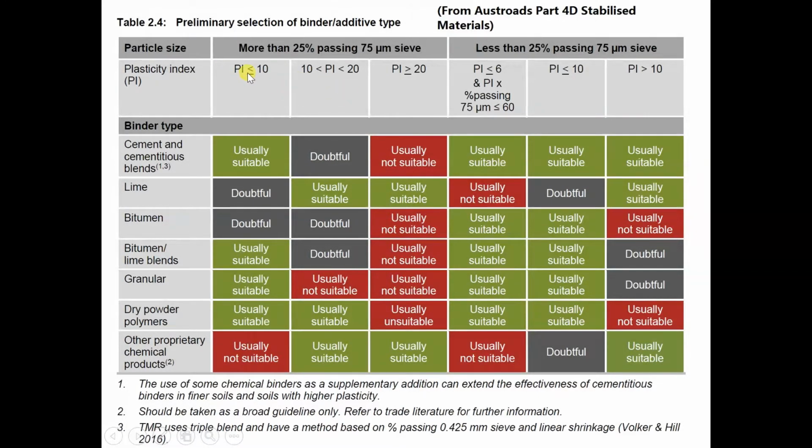You can see there's PI less than 10, PI between 10 and 20, and PI greater than 20. And the same for the right hand side, PI less than 6, PI less than 10, PI more than 10. But this is determined also by the material, different types of materials. One is more than 25% passing the 75 micrometer sieve. On the right hand side is less than 25% passing the 75 micrometer sieve.